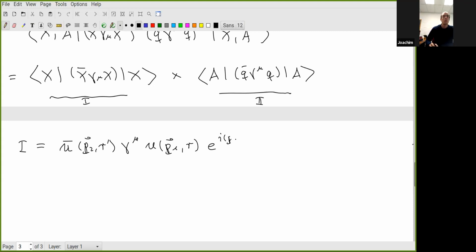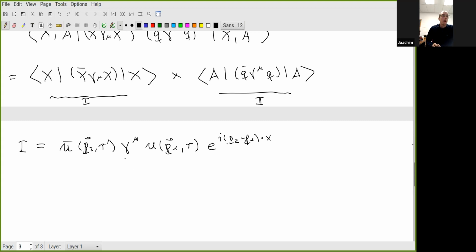It should probably be (p2 minus p1) dot x. In principle, these spinors are general solutions of the Dirac equation, but now we can make an approximation.